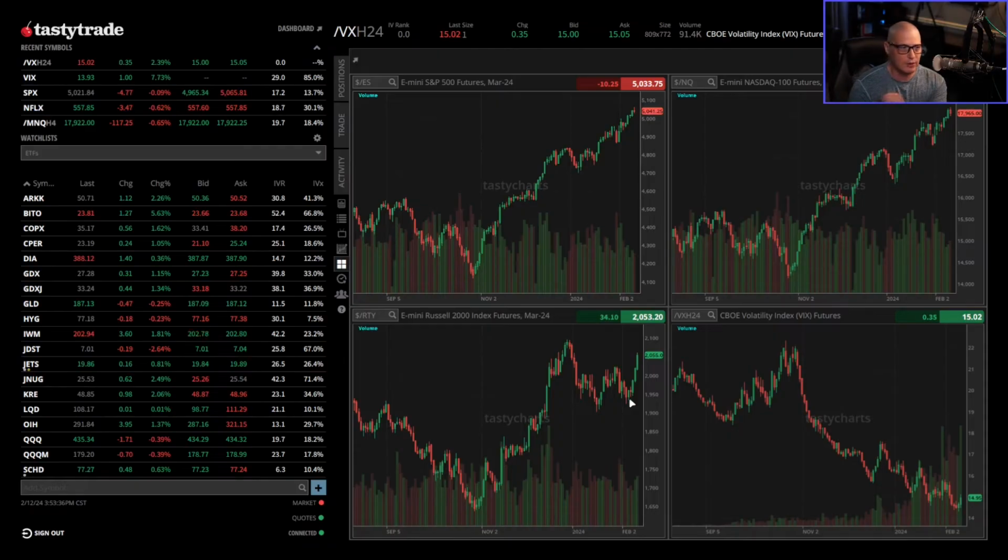What I tend to do, typically on my trading sessions, I have a triple monitor system. Usually on one monitor, I have this 4-way grid of charts where I have the ES futures, the S&P 500 futures, NQ, which is the NASDAQ futures, and the Russell futures as well. Those 3 index futures products tell me what the overall stock market is doing.